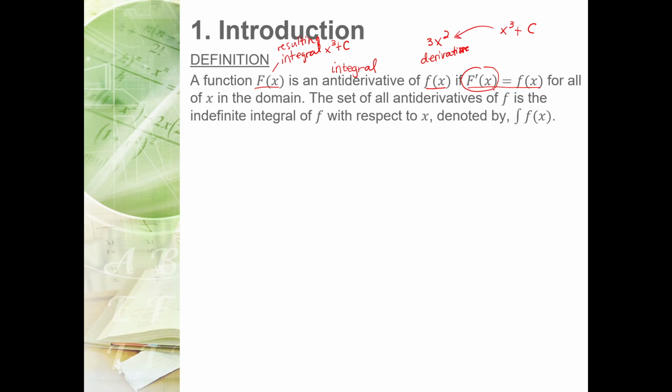That's the nice thing about this subject: after integration, if you want to verify that your answer is correct, you can just derive your final answer, and if it goes back to the given equation, then your answer is correct.